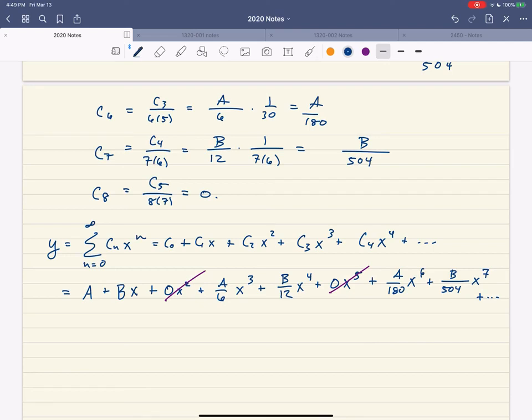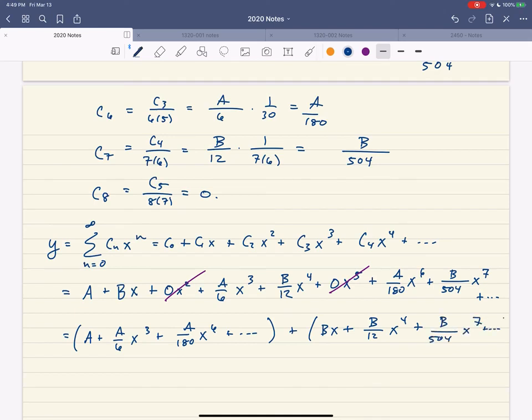And so what I'm going to do is group our power series together. So I'm going to take all the terms that have an a in them and write that first. So this is going to be a plus a over 6x cubed plus a over 180 x to the 6th, and so on. I don't have any more terms there, but then the b terms are going to be bx plus b over 12 x to the 4th plus b over 504 x to the 7th, and so on.